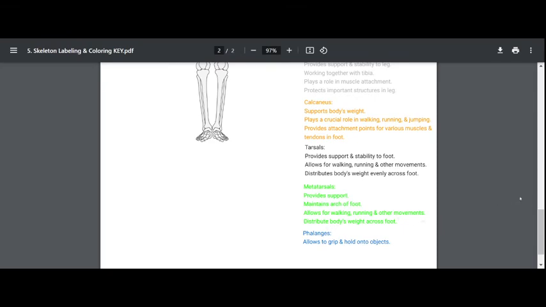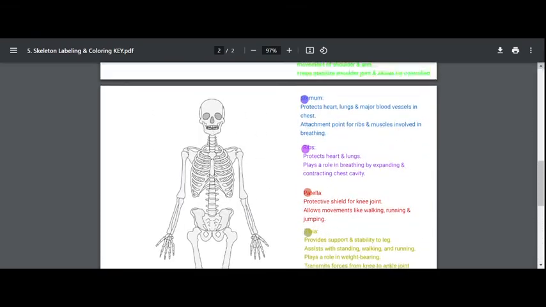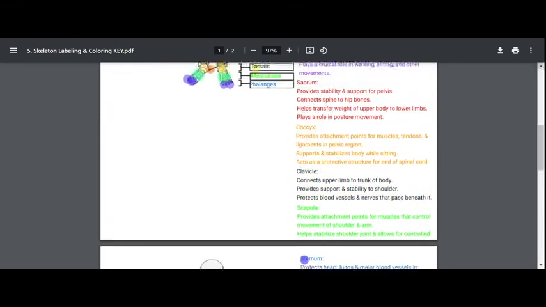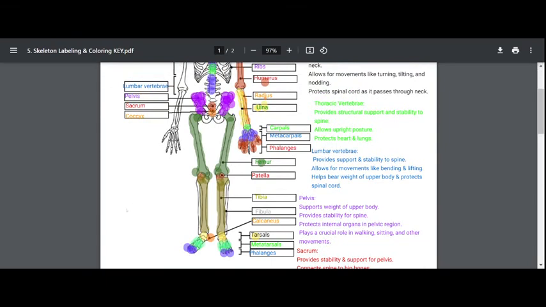Okay, and then finally in blue, we have the phalanges, which allows to grip and hold on to objects. So again, right here in blue on both sides, we have the phalanges.